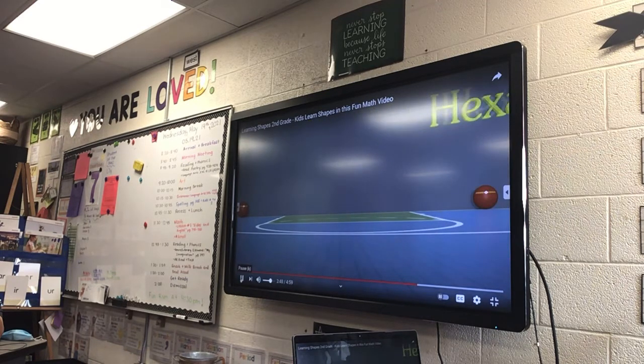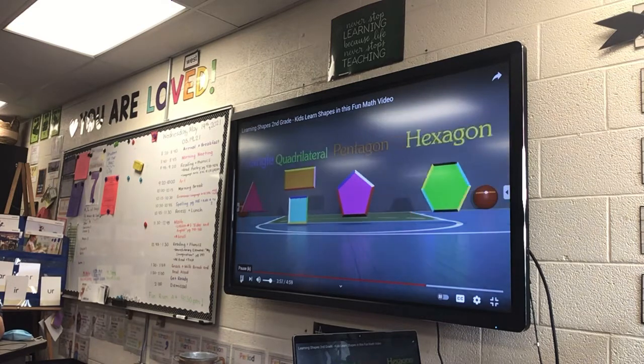Great job again, you guys are awesome. But how are we going to remember all these shape names? We've learned so many. Let's make a list to help us remember everything we've learned. Here we have a triangle, quadrilateral, pentagon, and a hexagon. Tri means 3. That's why a triangle has 3 sides and 3 angles. The word quad means 4.